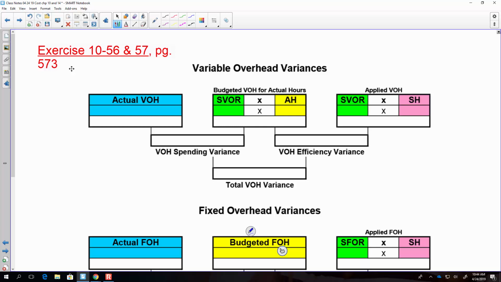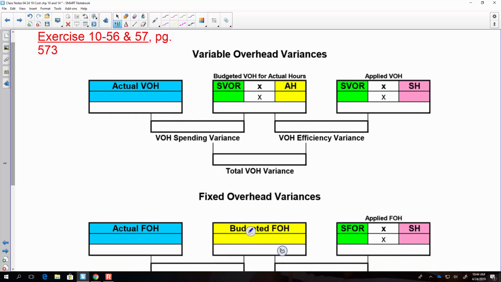You'll notice that the template is broken into a variable section on the top half, a fixed section on the bottom. So we can do both with one template, and that's what we're going to do here. We're going to do both if we can. 56 is the variable part, 57 is the fixed part.